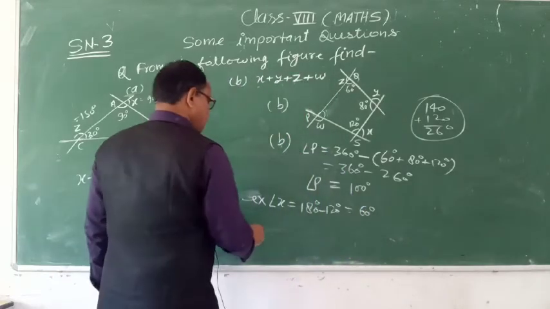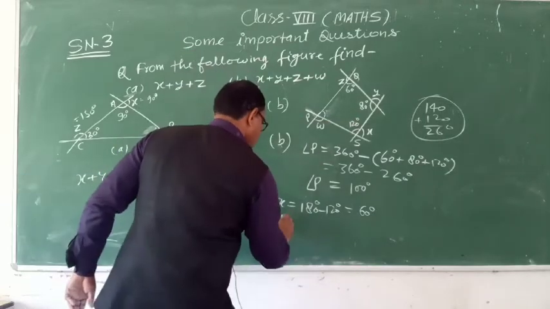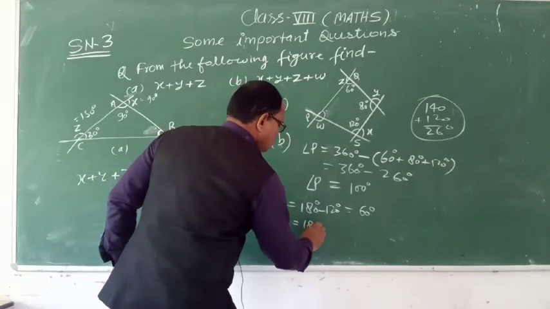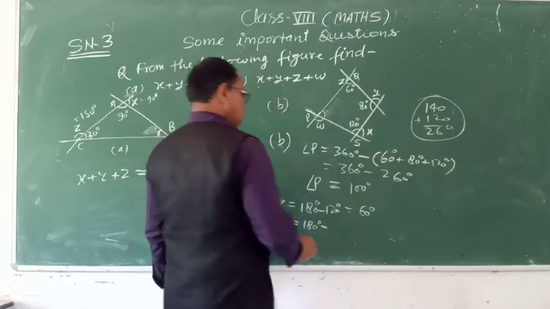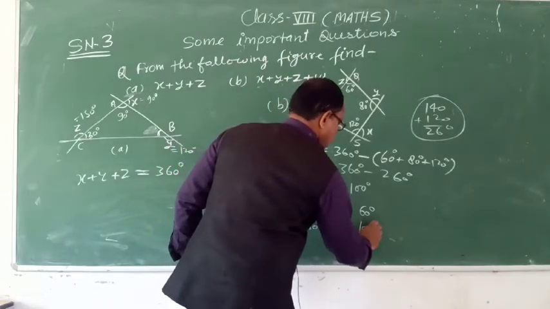Okay, and exterior angle y is equal to 180 degrees minus 80 degrees is equal to 100 degrees.